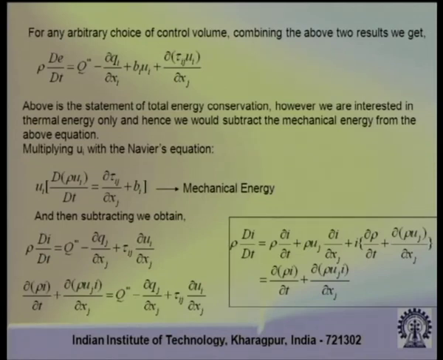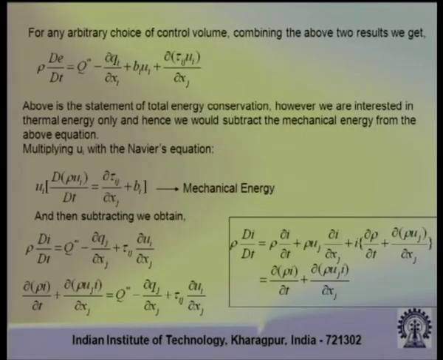Now, for deriving the energy equation, we are ultimately interested in the thermal energy, not the total form of energy. So, what we have to do is subtract the mechanical energy from the total energy to get the thermal energy. So, how do you get the mechanical energy? If you look into this equation, the term which is written in the square bracket is nothing but the Navier's equation.